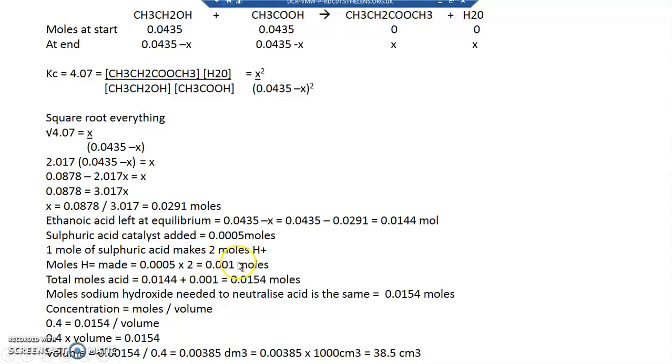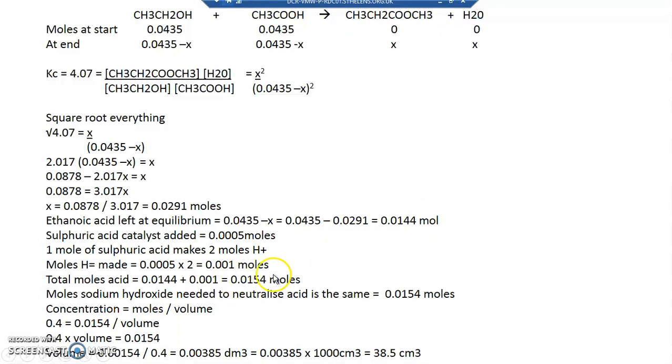So I've got that amount from the sulfuric acid, 0.001, and I've got 0.0144 moles of ethanoic acid. If I add the two together, I will find out that I've got 0.0154 moles of acid altogether from the sulfuric acid and from the ethanoic acid at equilibrium.